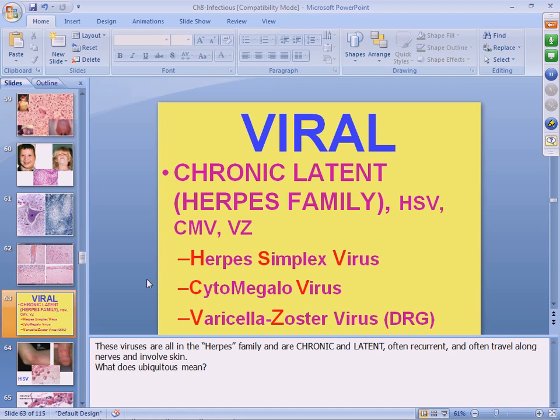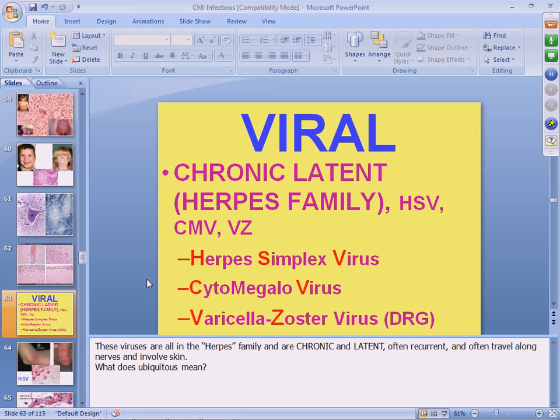And of course, the newer antiviral medications, their goal is to prevent the frequency and intensity of those flare-ups. It's generally not a situation where it's going to kill the virus forever, because the herpes family viruses are ubiquitous. They're with us all the time.